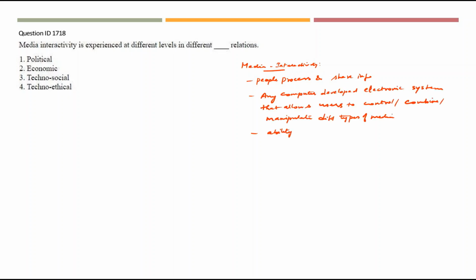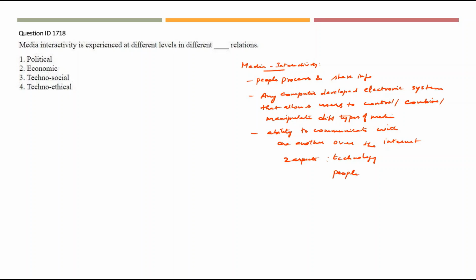It is also the ability to communicate with one another over the internet. From this, we can understand that two aspects are involved here. One is the use of technology, and the other one is the people involved in this process. If there is some technology, people have to use it. So here, for the ability to communicate with one another, we need people.